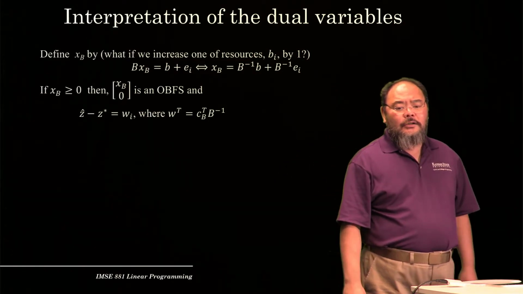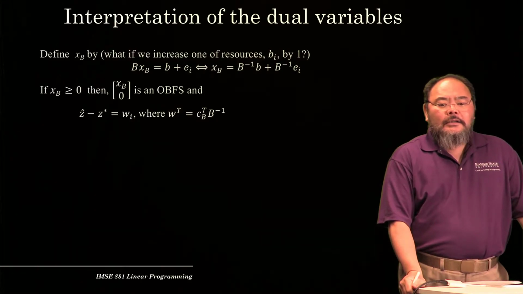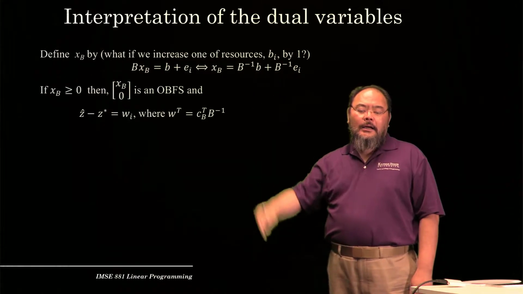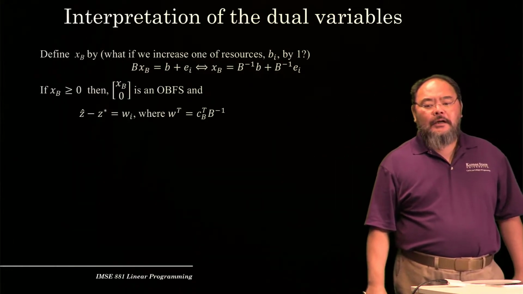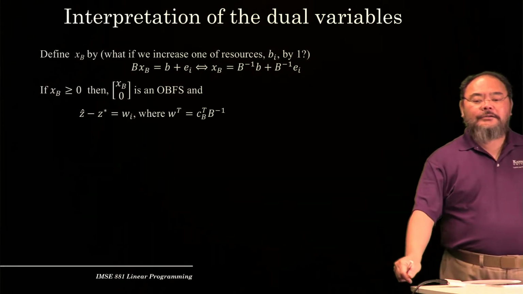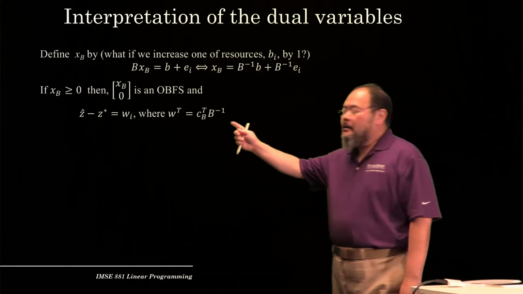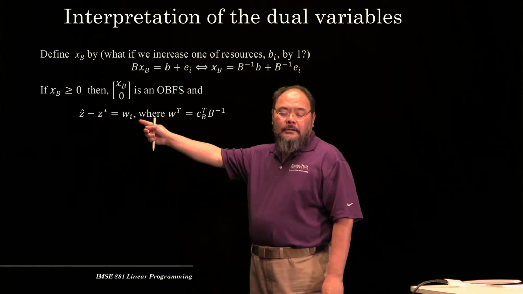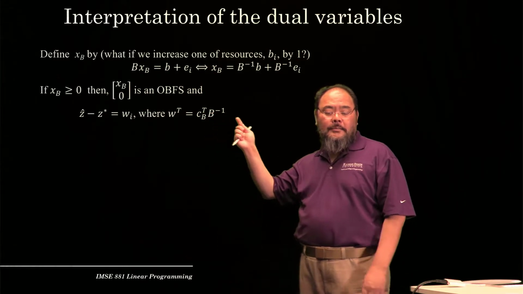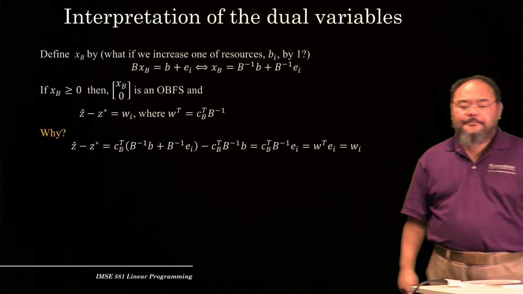We know z star is the current optimal objective function value, and z hat is the value after adding 1 unit to the ith element of the b vector. The difference between z hat and z star is actually equal to omega. Remember, omega equals CB transpose times B inverse. We're going to prove how that happens.